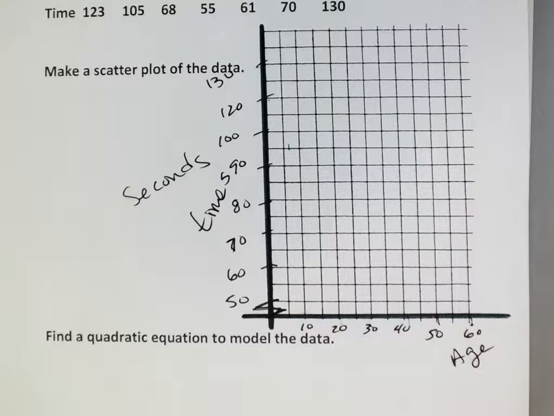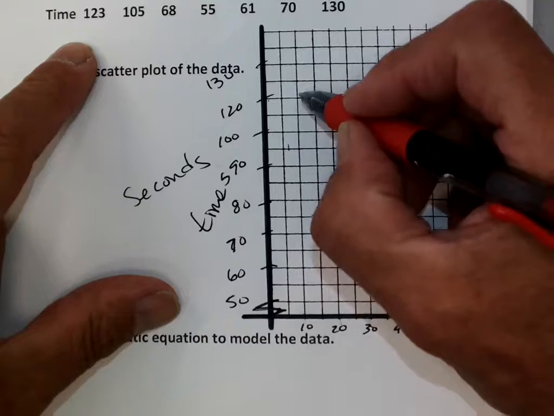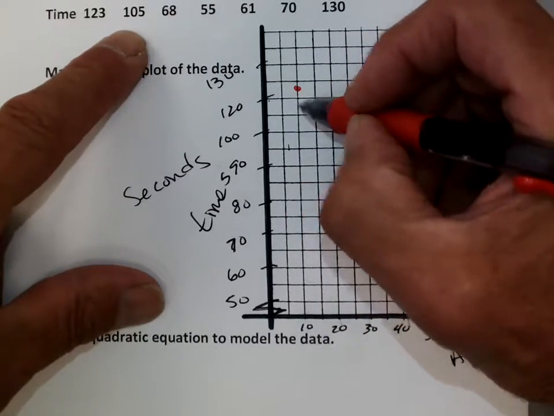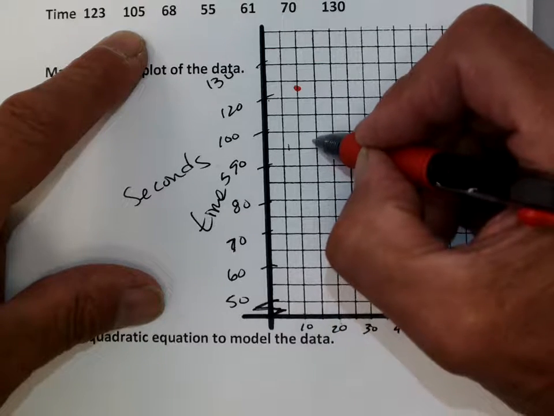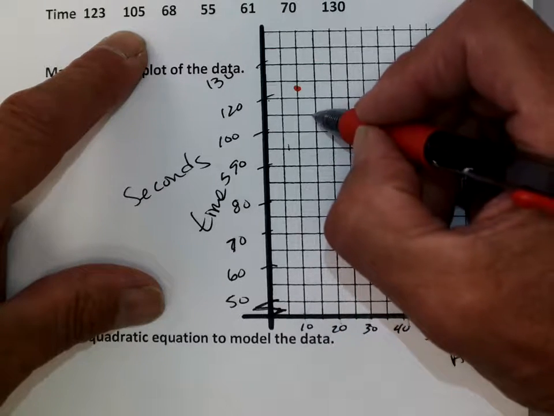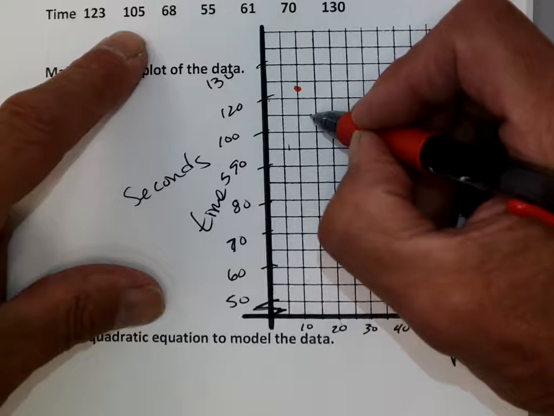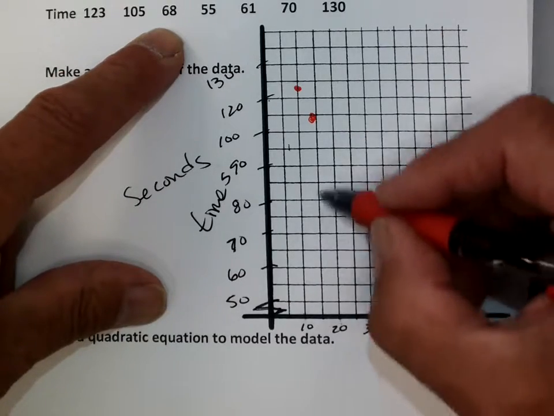So now, make a scatter plot. At 10, I'm at 123 seconds, about there. 13, I'm going to have a time of about 105. The 15-year-old is going to do it at 68.